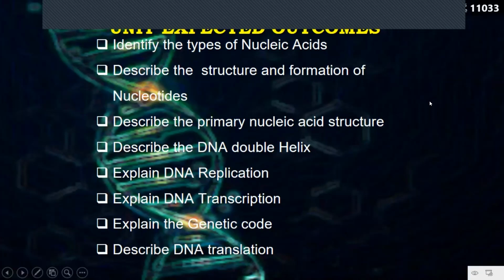For you to call it as a nucleotide. We're also going to discuss the primary nucleic acid structures. So, hindi lang tayo sa primary. Pag-usapan din natin yung secondary structure. Both RNA and DNA.